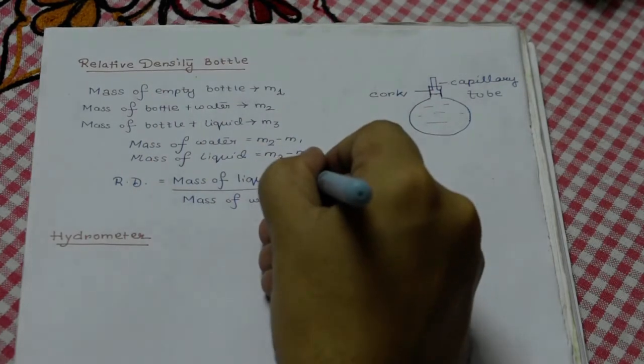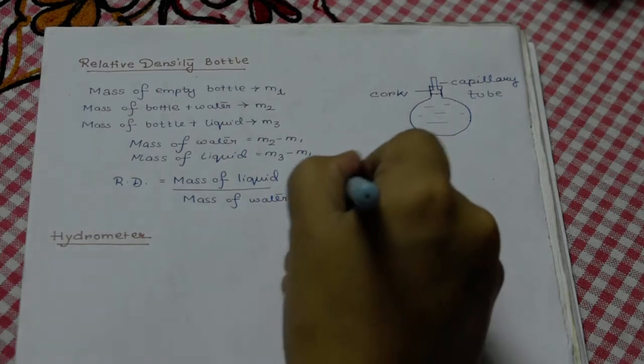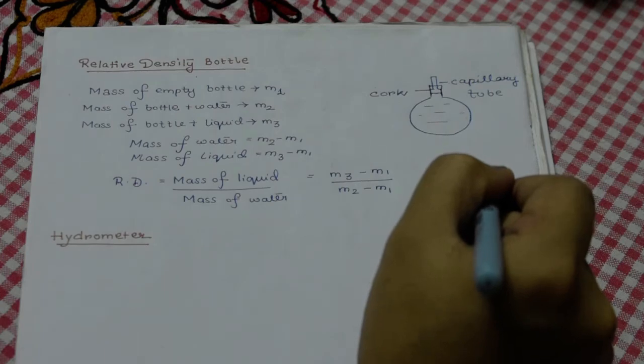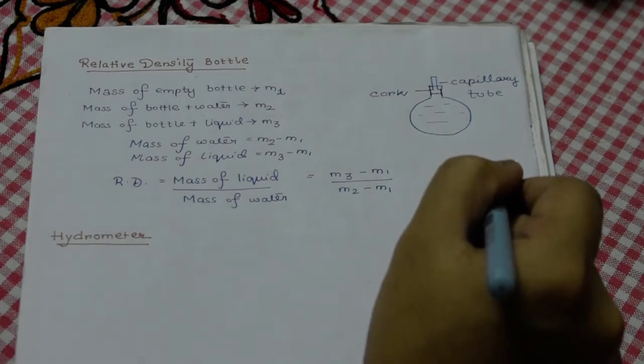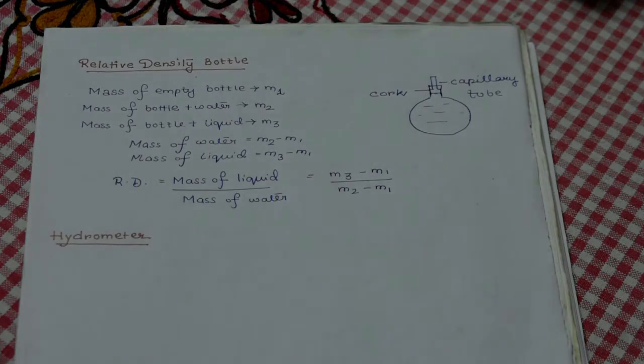The final expression stands as (m3 minus m1) divided by (m2 minus m1). So this is the relative density of a liquid as measured using a relative density bottle. You will find a corresponding numerical in your book explaining this.